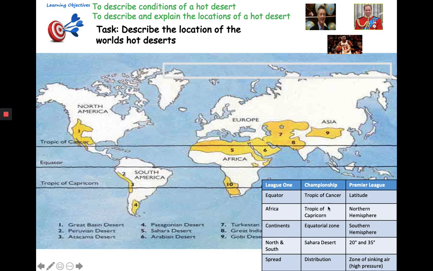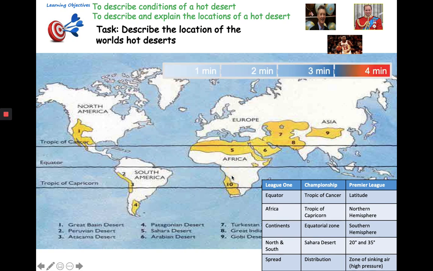Or if you want to go up to the championship, try and get Tropic of Cancer, Tropic of Capricorn, equatorial zone, Sahara Desert, distribution. And finally Premier League: latitude, northern hemisphere, southern hemisphere, 20 degrees and 35 degrees, and then zone of sinking air, high pressure. So quite some difficult words to get in there.